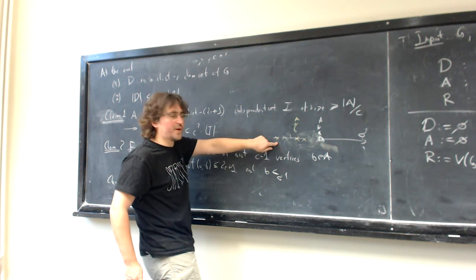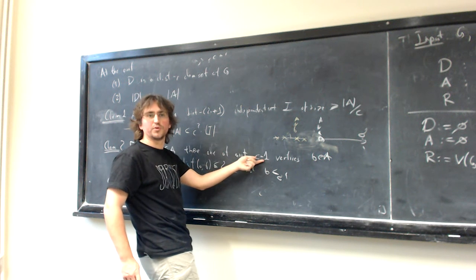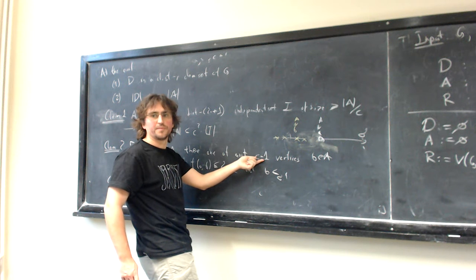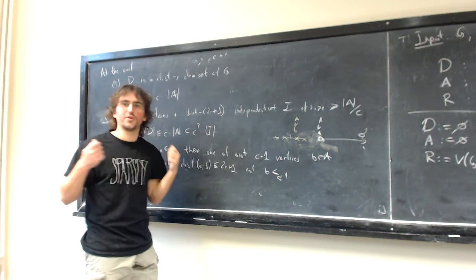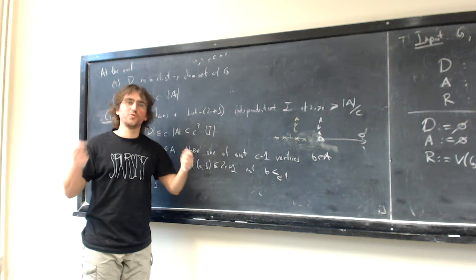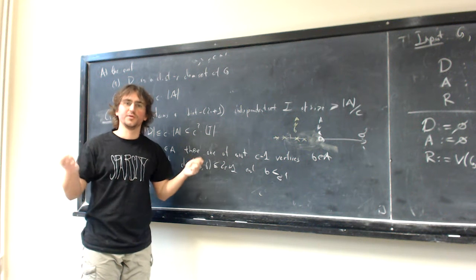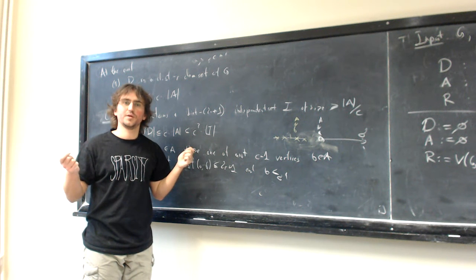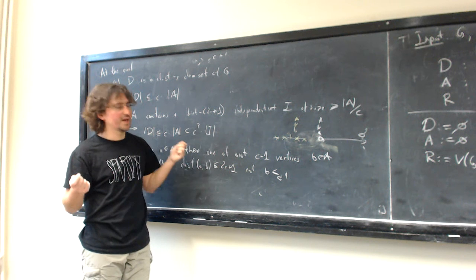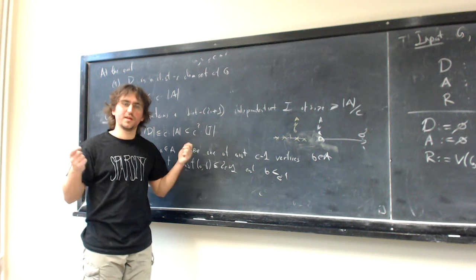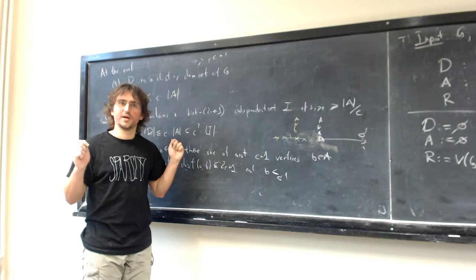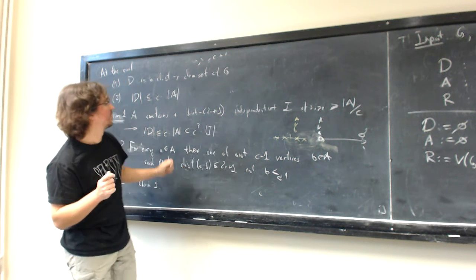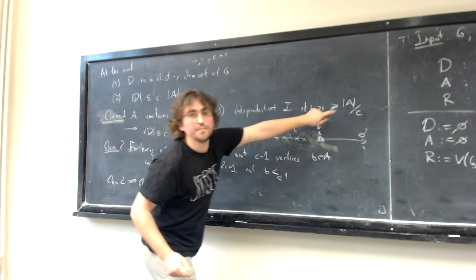If I have C colors, then I am able to make such a coloring. And then within every color, every two vertices are at distance more than 2R plus 1. So let me take the largest color; it has size at least the size of A over C.